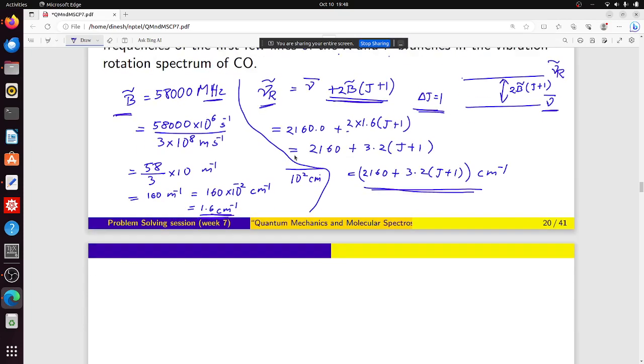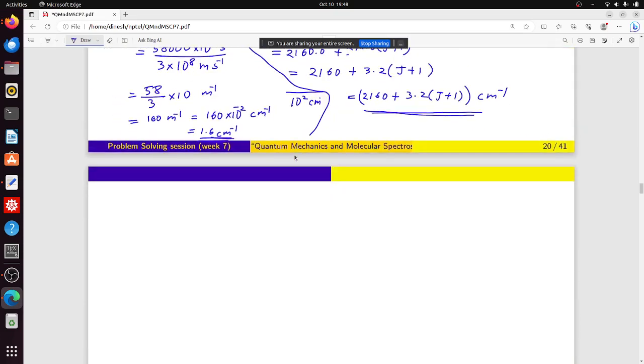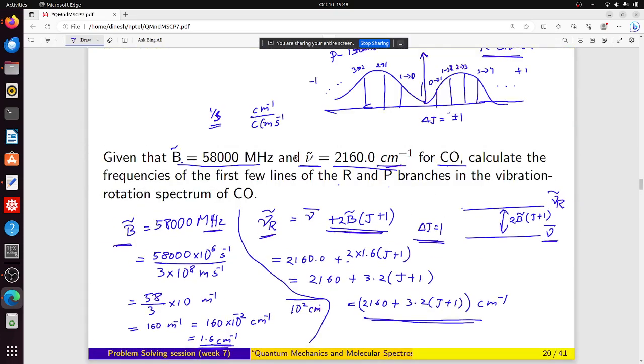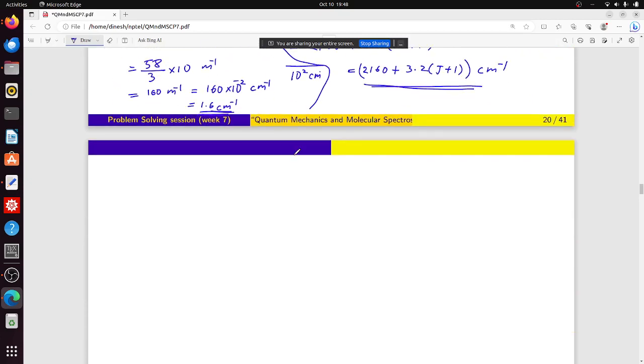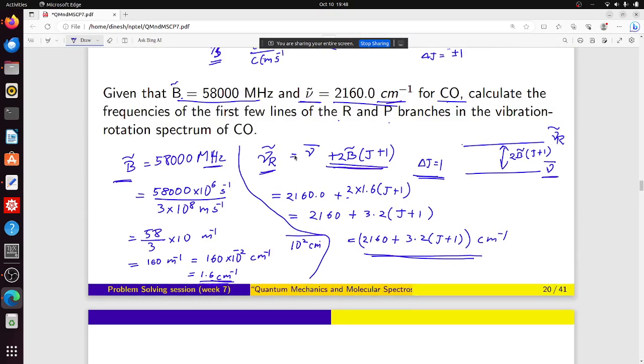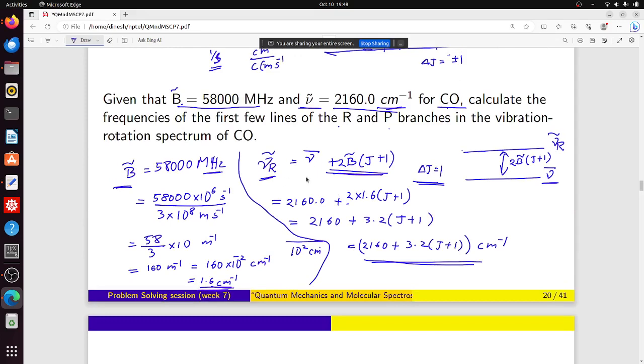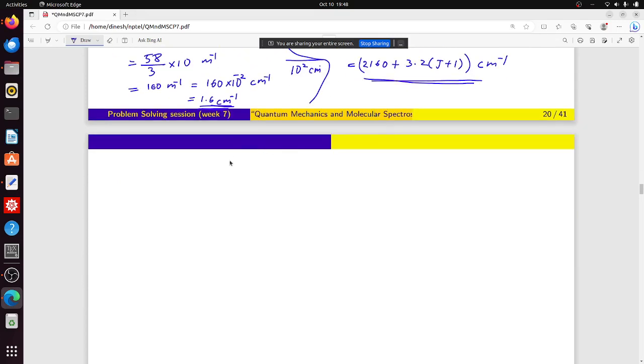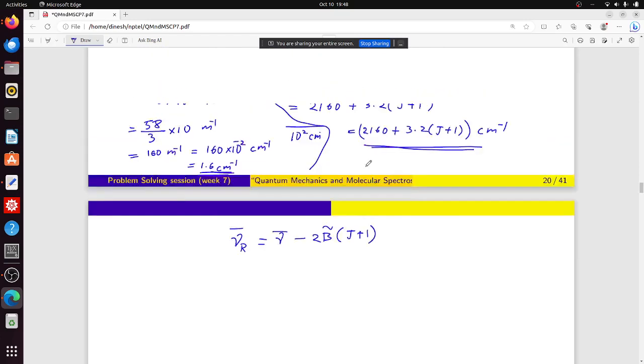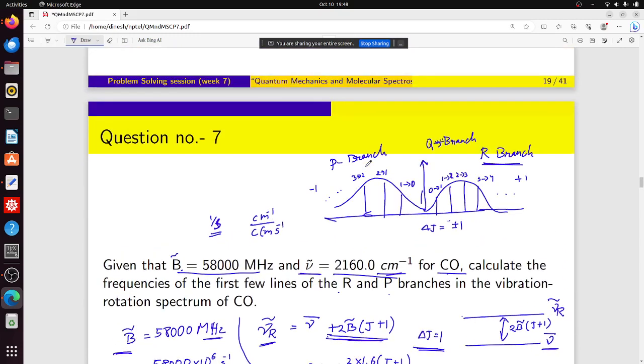Now if we consider the P branch, what will happen? This will be simply minus 2B̃ (J plus 1), because this transition is weak, going towards the left hand side.